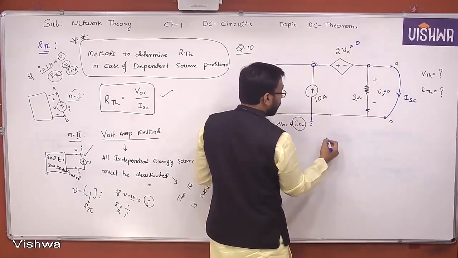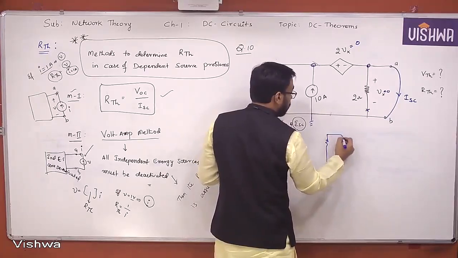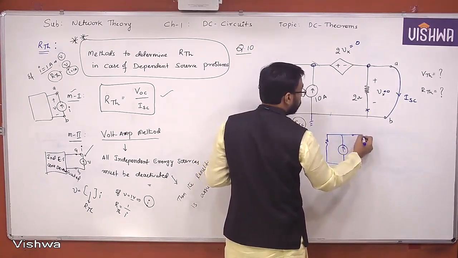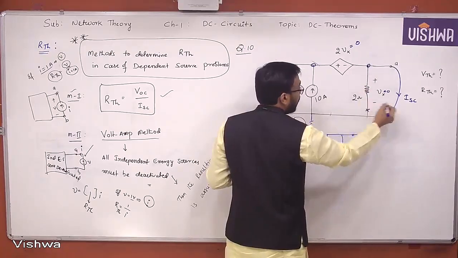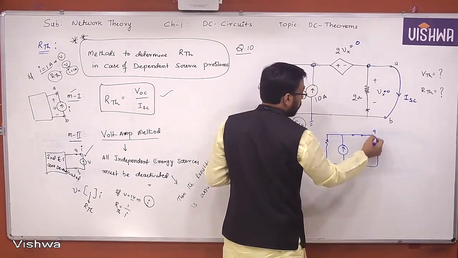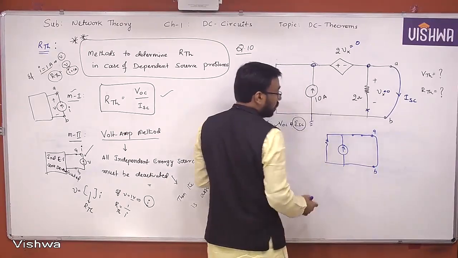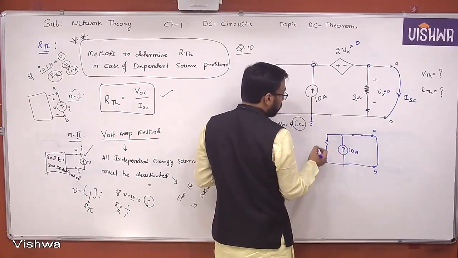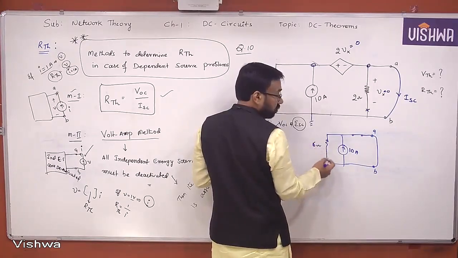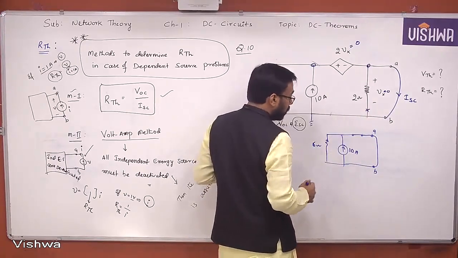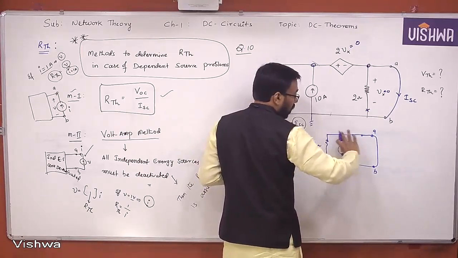Now it is something like this. There is a resistor and there is a current source. Since voltage is 0, it is behaving like a short. It is neglected, and finally this is a short. These are the AB terminals. Now this 10 amperes directly flows through the short circuit. Current always finds the least resistance path when a number of elements are connected in parallel. 6 ohm and the short are in parallel.